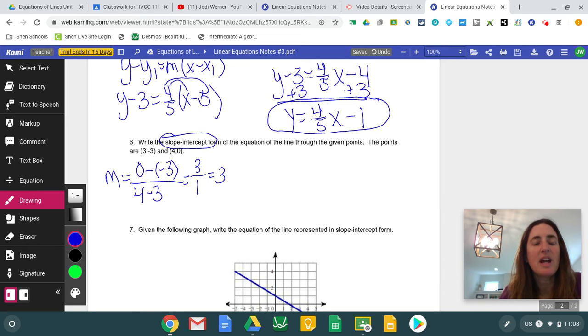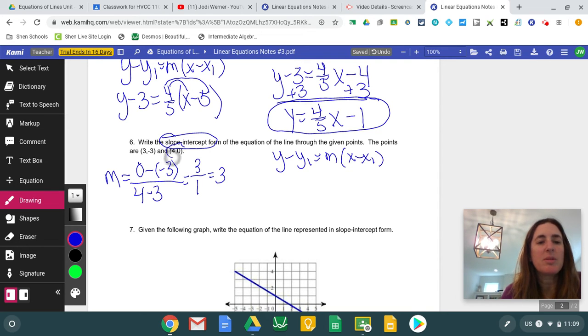Okay, now I have 2 points and I have a slope, but I need to get it in y equals mx plus b. The thing to do would be to take my point slope, y minus y1 equals m times x minus x1, and pick one of these points to substitute in. I'm actually going to pick this 4, 0, because anything with a 0 is super fun.